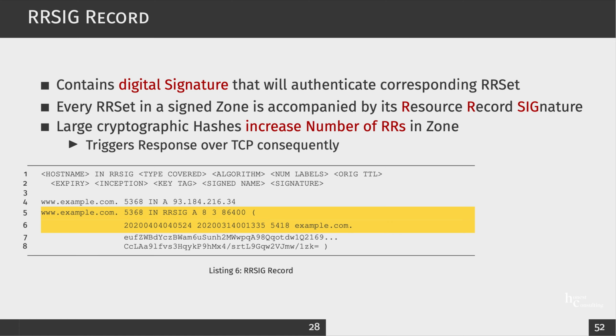So that's actually the time frame when this signature is used. And then we have a couple of other values that we don't have to deep dive into right now. So just to give you an idea of how such a digital signature for a resource record set could look.